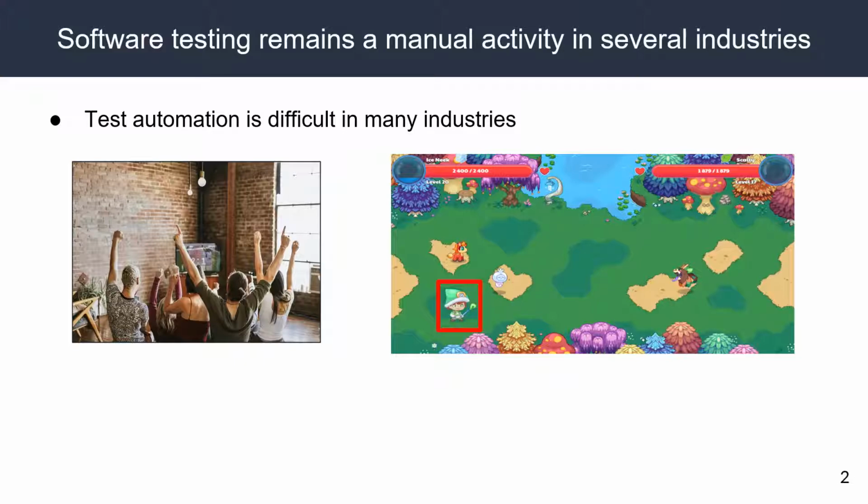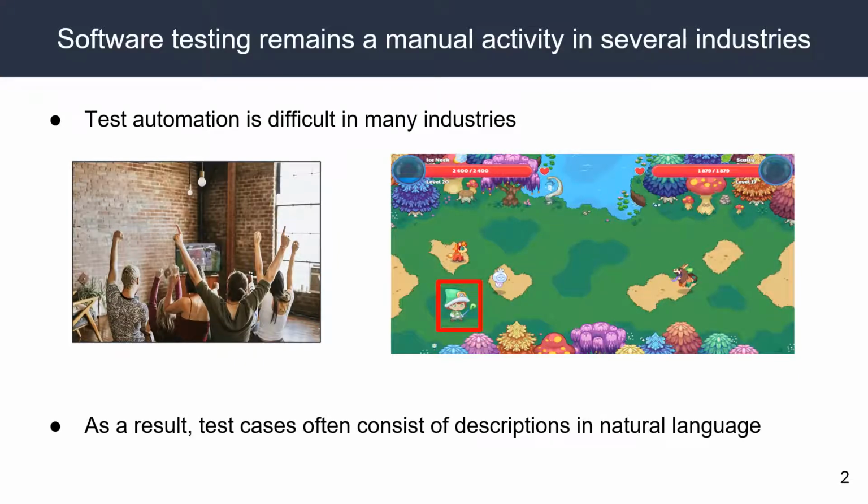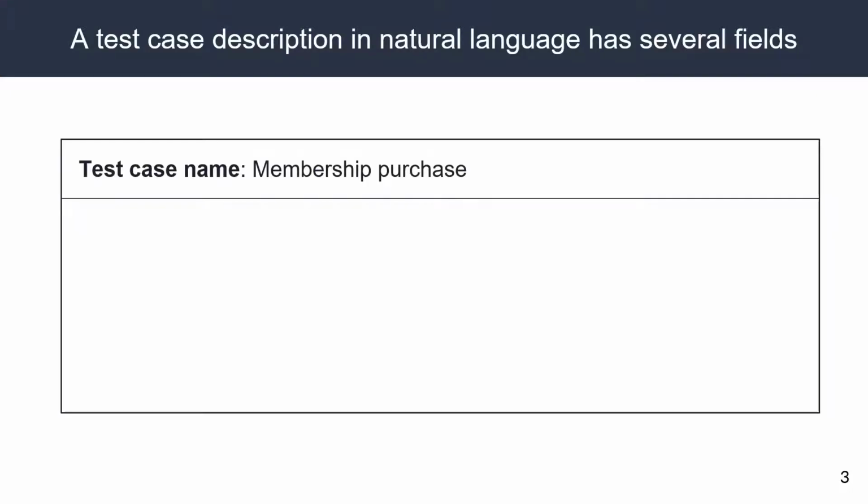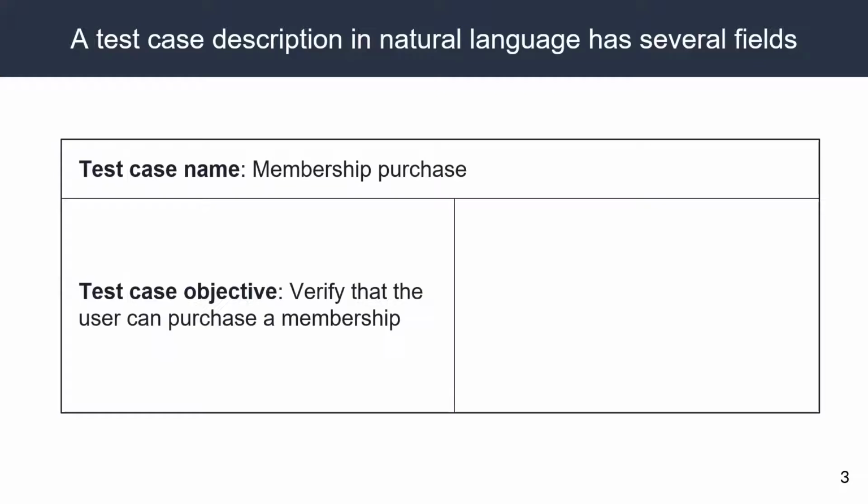And as a result of this difficulty to automate tests, test cases are often described only in natural language. And a test case description in natural language might have several fields. For example, a test case name, such as membership purchase in this example. It might also have an objective, such as verify that the user can purchase a membership.